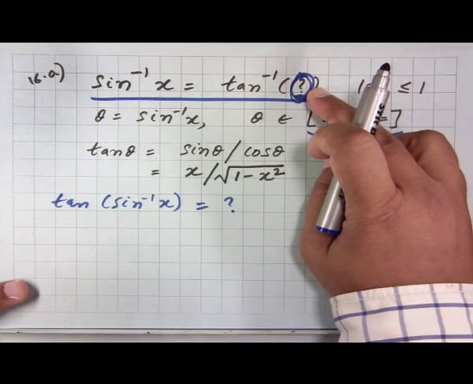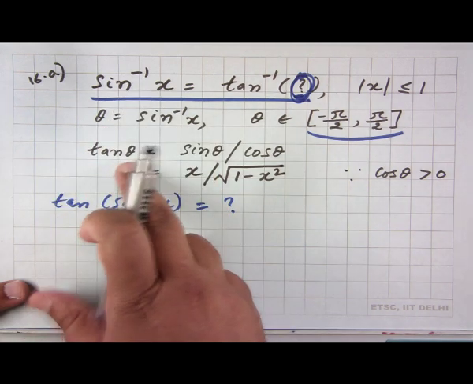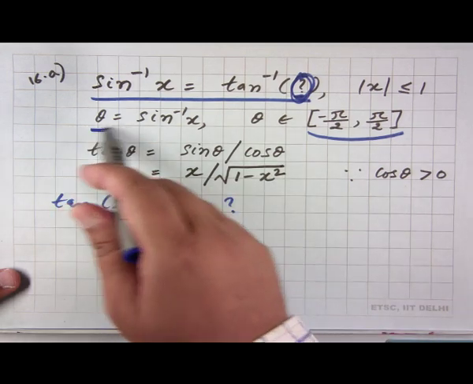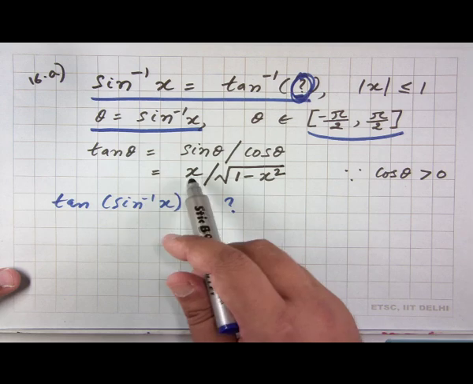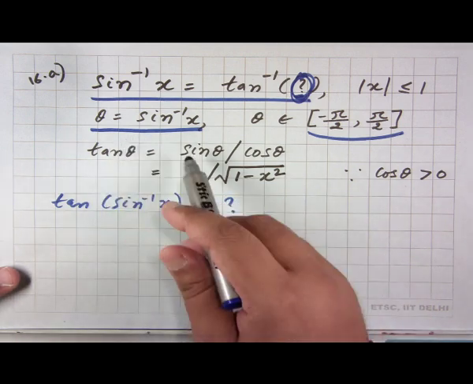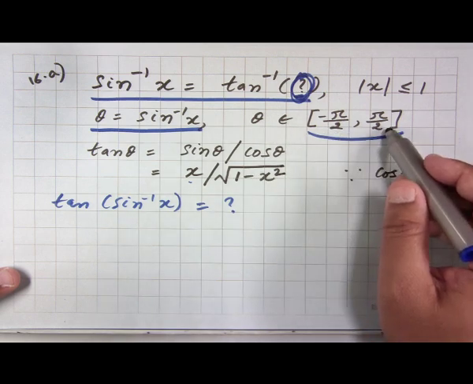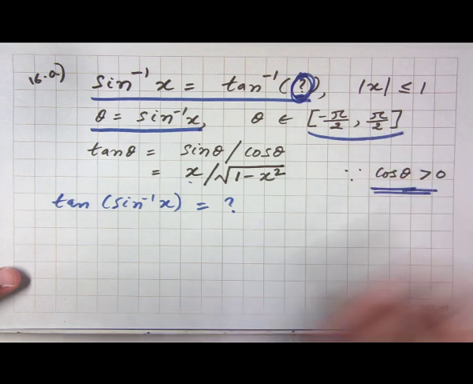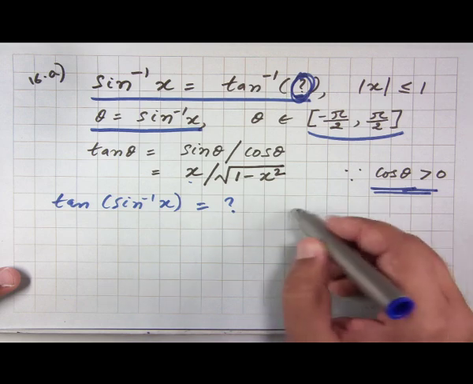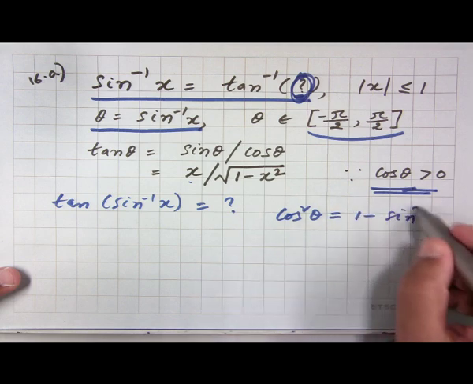Since sin inverse x is denoted by theta, we eventually want to find tan of theta. But tan of theta is sin theta over cos theta. We already see that sin theta is equal to x, and cos theta is easy to find out, because theta belongs to minus pi by 2 to plus pi by 2, so cos theta will always be positive. We also already know the formula that cos square theta is equal to 1 minus sin square theta.